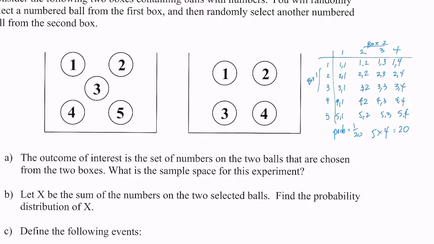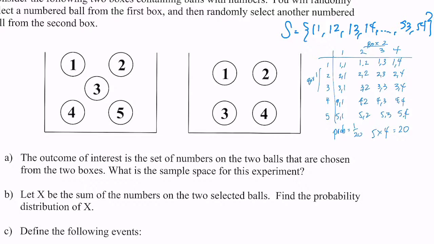Okay. Can I go to the second question? So just to say, the sample space S is equal to 1,1; 1,2; 1,3, and you have to put them all down, right? Up to 5,3 and 5,4, with curly brackets.